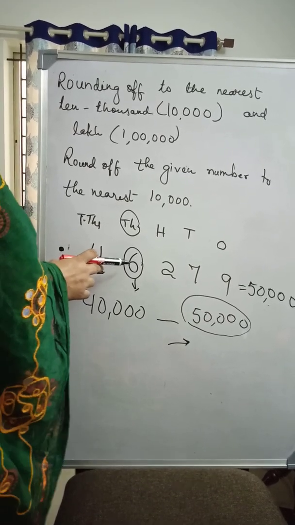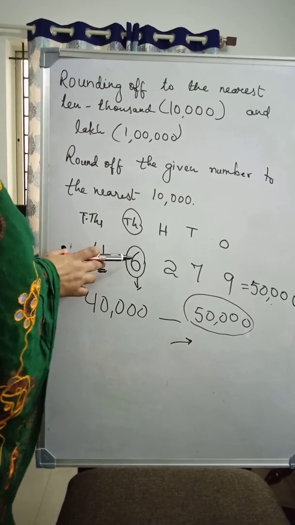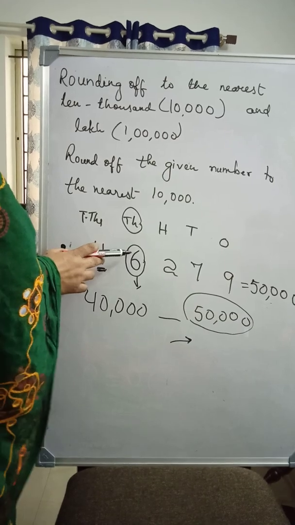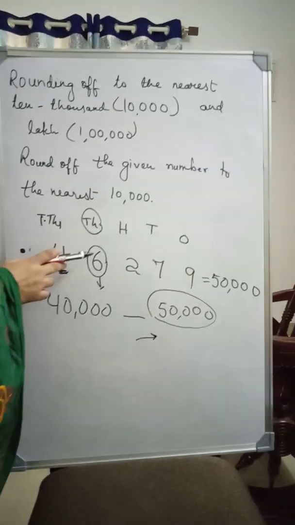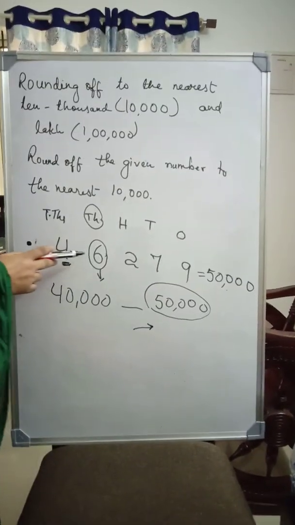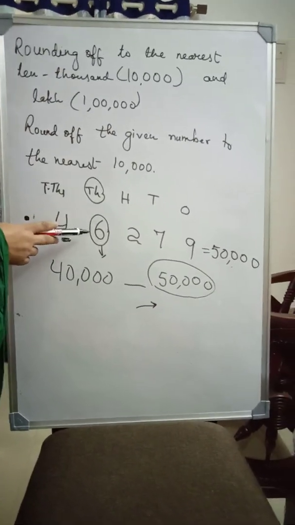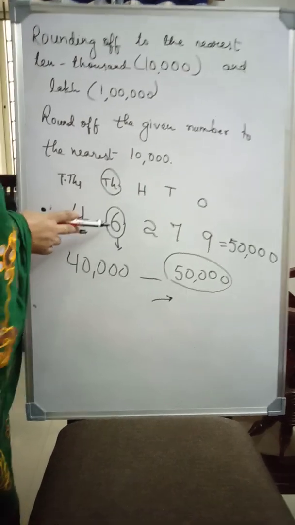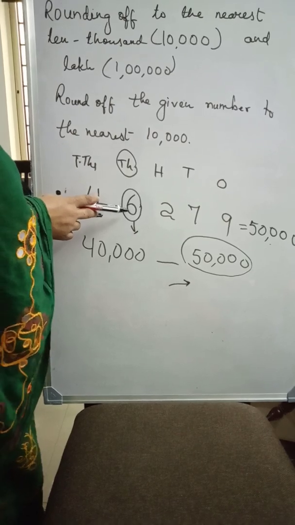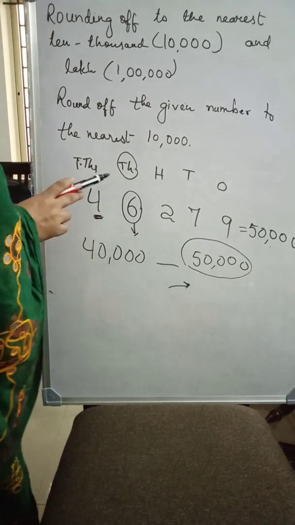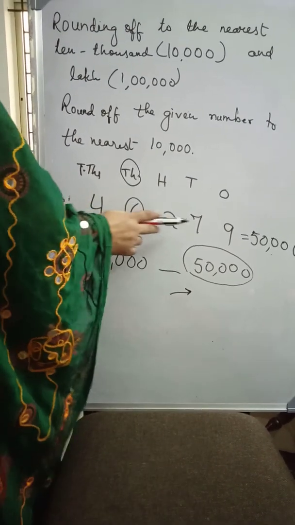So when the digit at the thousand place is 6, then we have to round off to the nearest multiple of 10,000, which is more than this number 46,279.